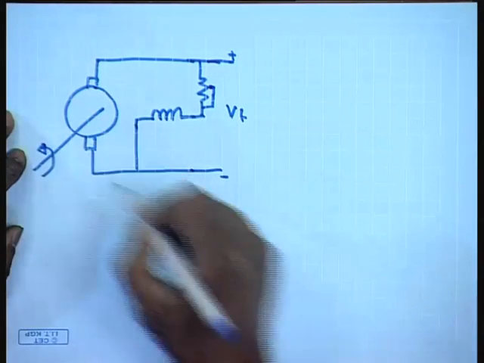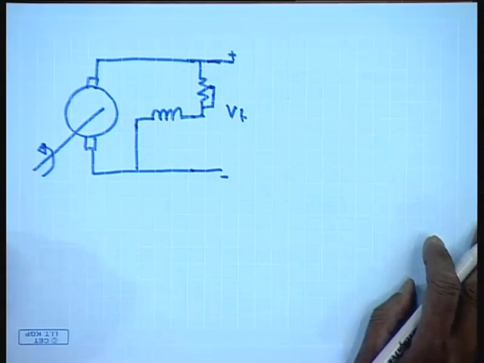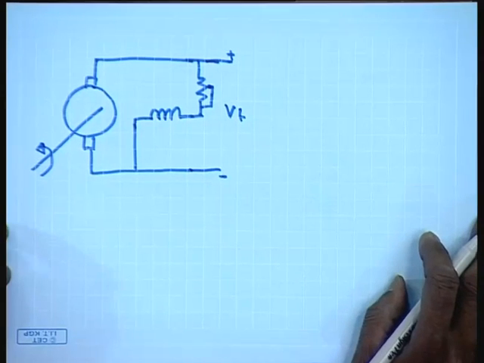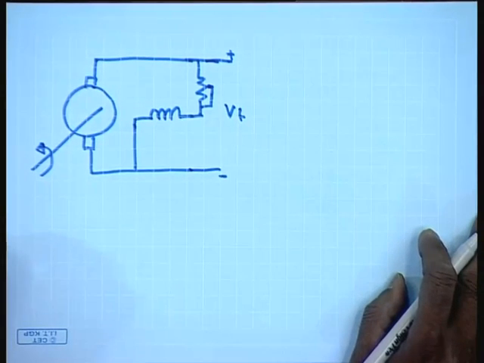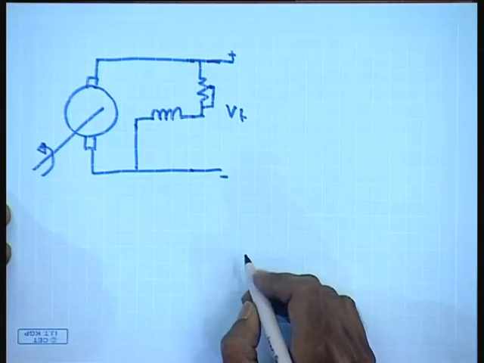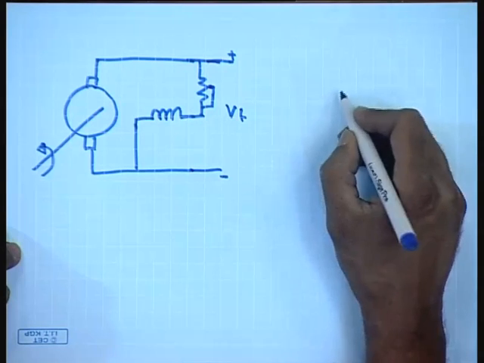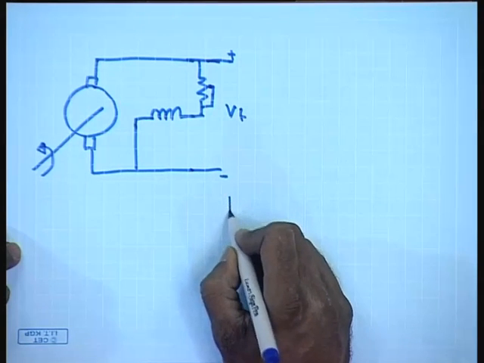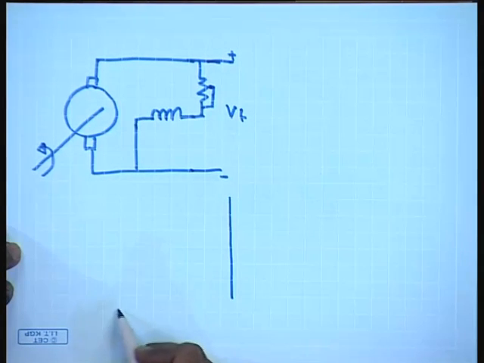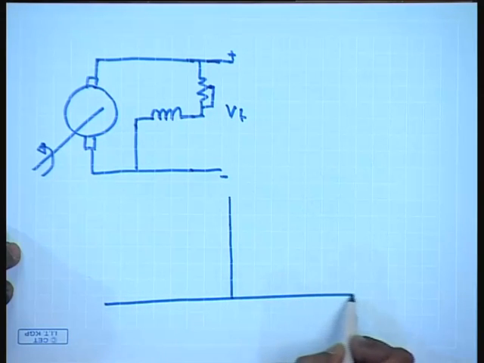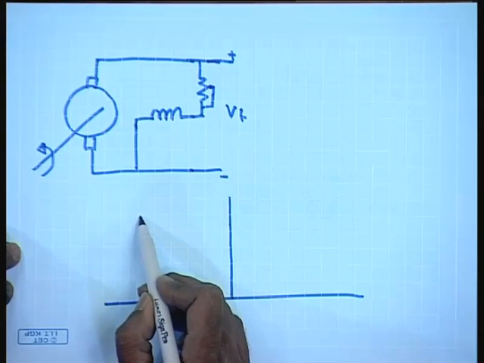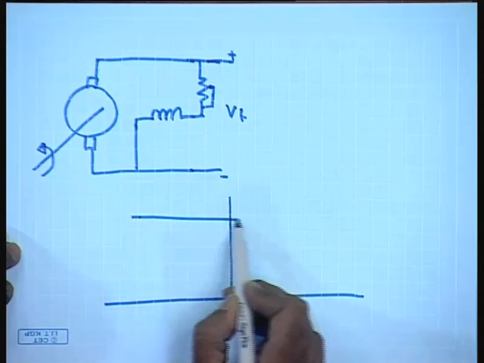Well, this of course can be done theoretically, but this approach has some problem. Let us look at what the situation is. The torque speed characteristics of this DC motor looks like this.